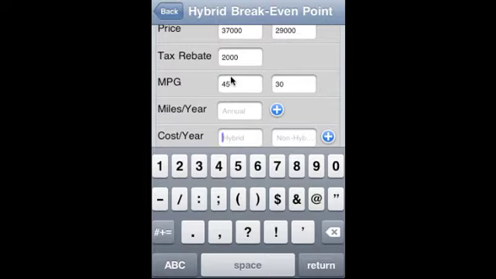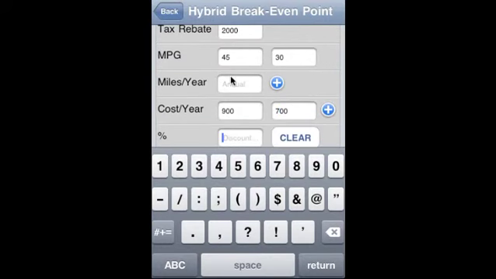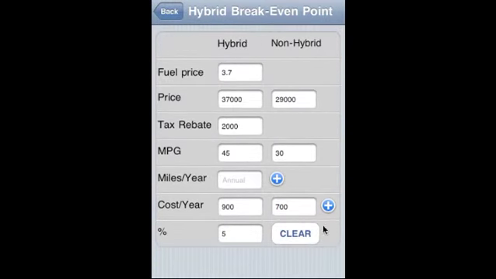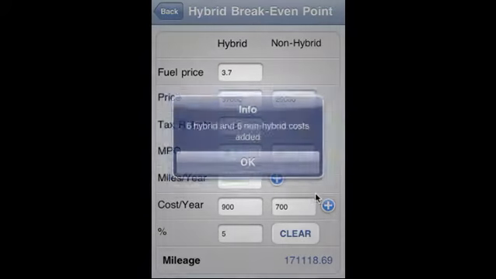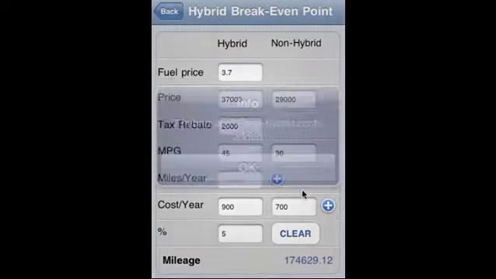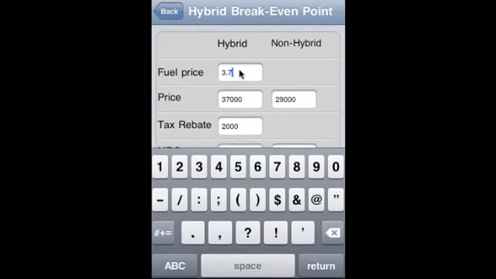The cost is say 900, cost is 700, and discount is 5%. We're going to add the maintenance cost 1, 2, 3, 4, 5, 6, 7. Now let us say the gas price is $4.